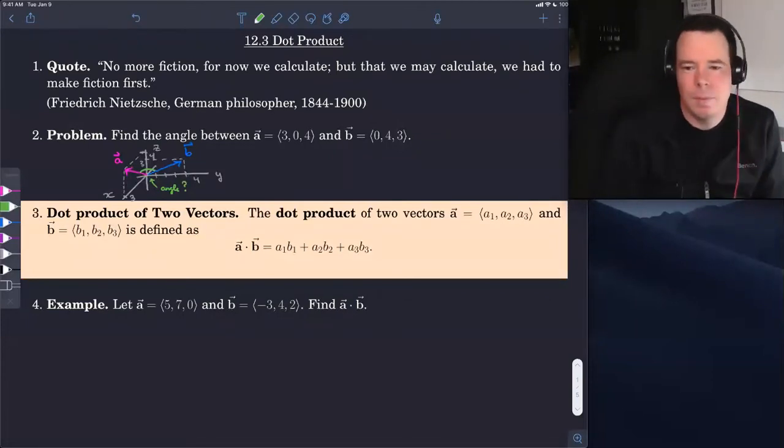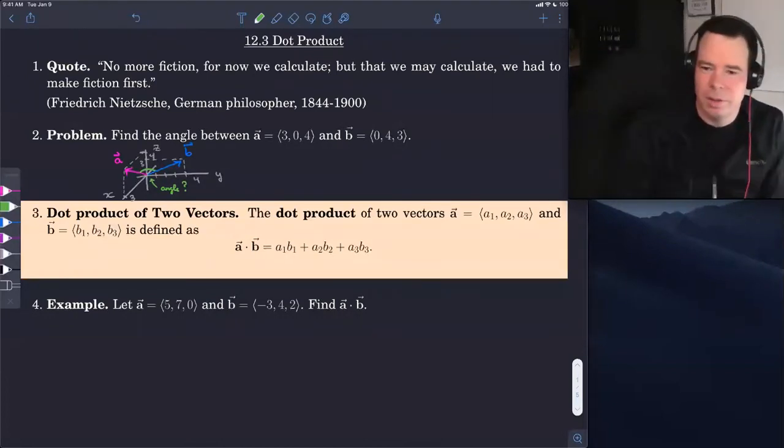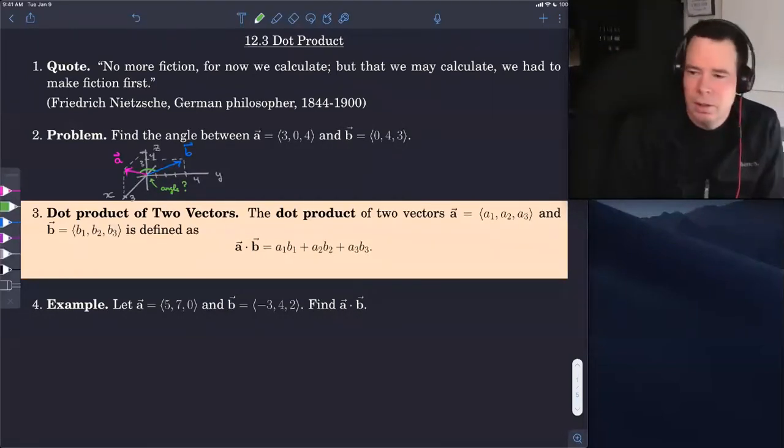Now I'm going to introduce the dot product, and by no means is this clear why this dot product that I'm going to define has any relationship with the angle. That is not clear at all from this definition. So what is our definition of the dot product? Two vectors, A and B, have a dot product defined by taking the product of each of their component values and adding them up.